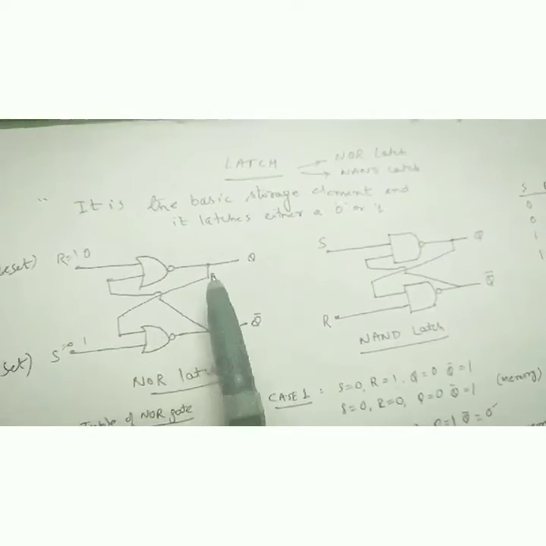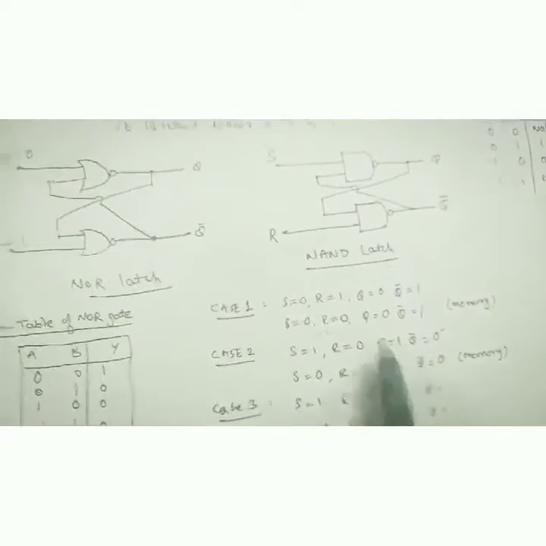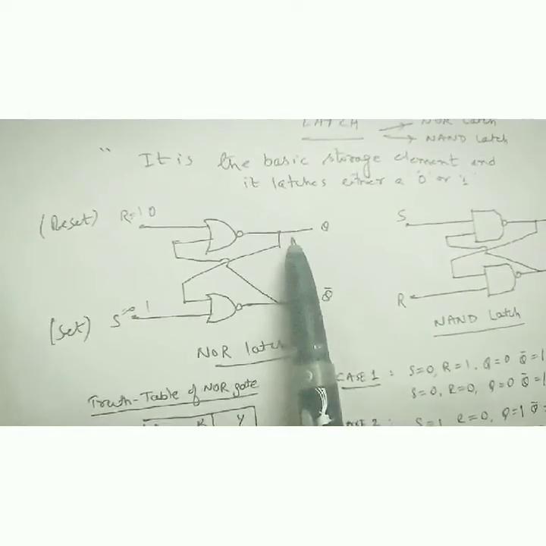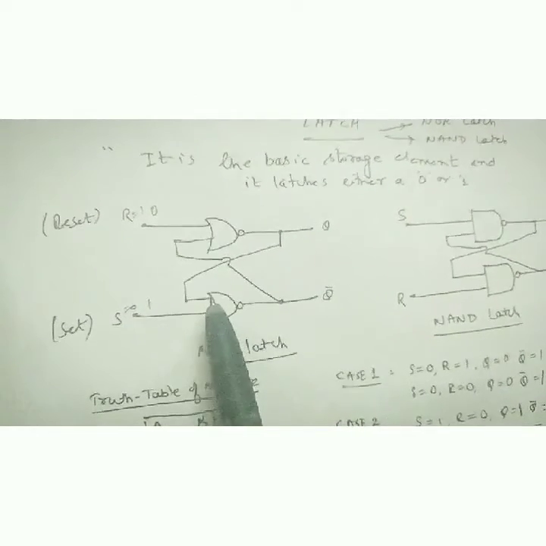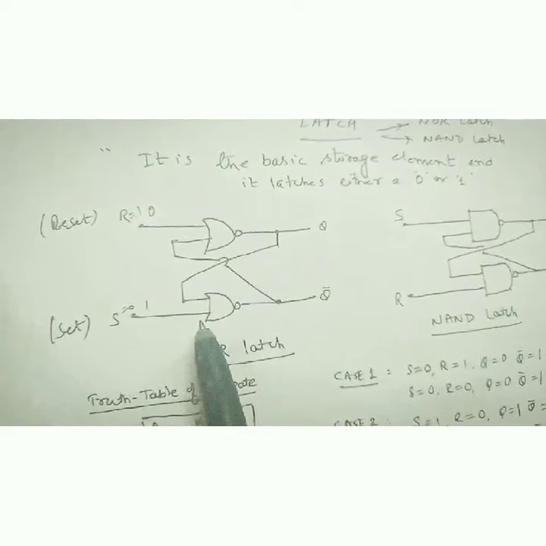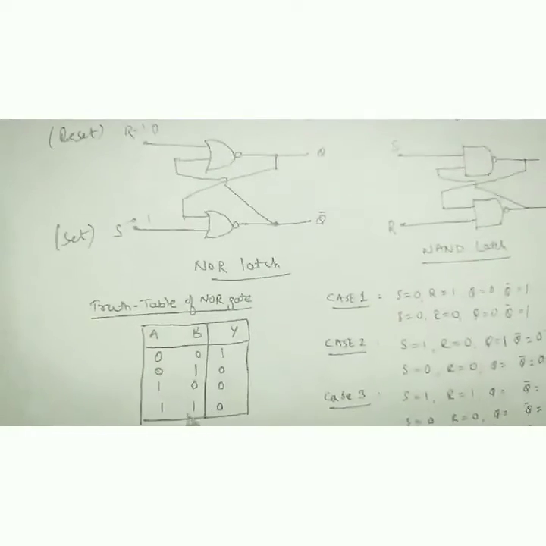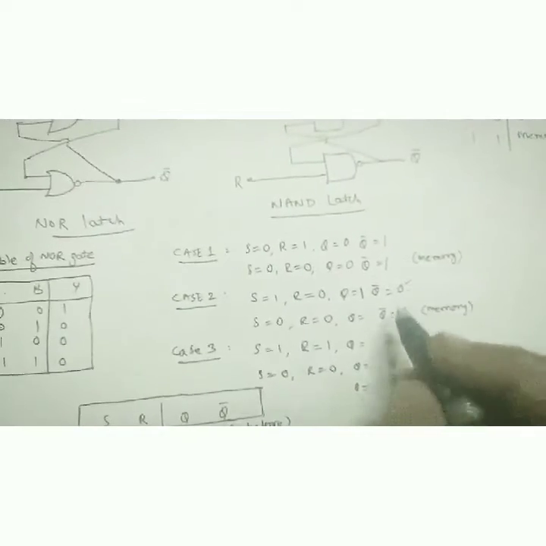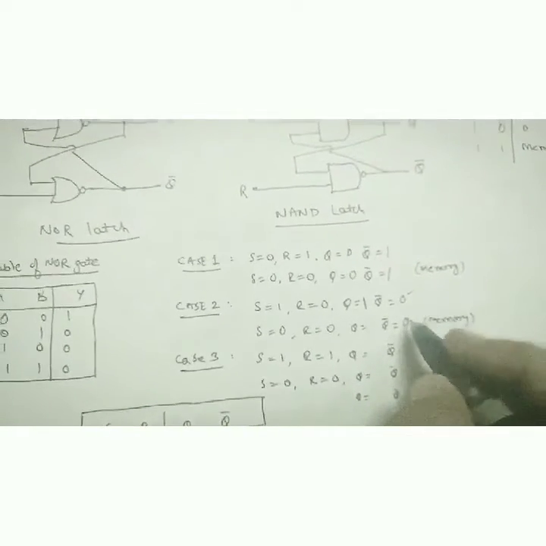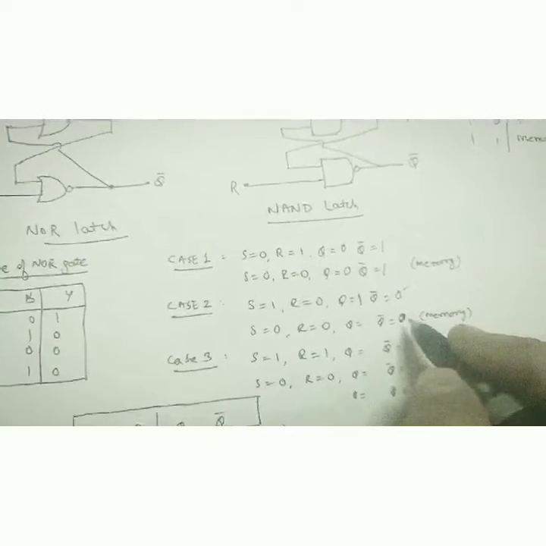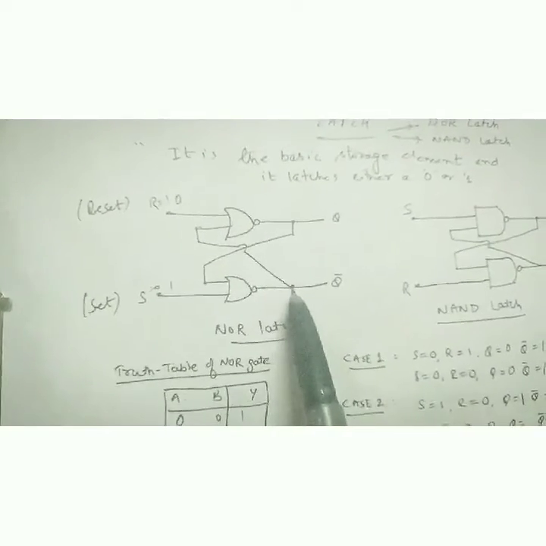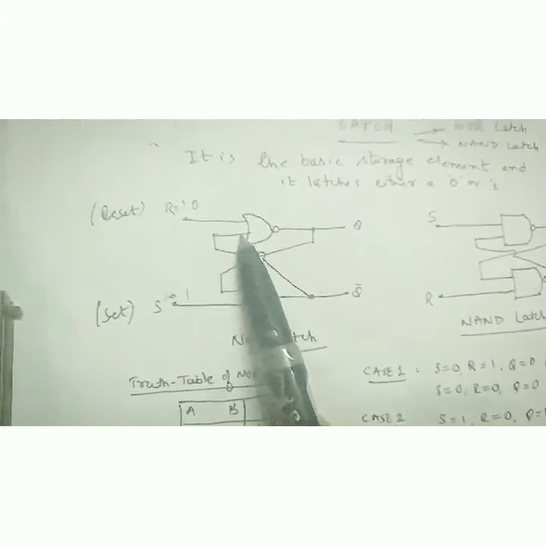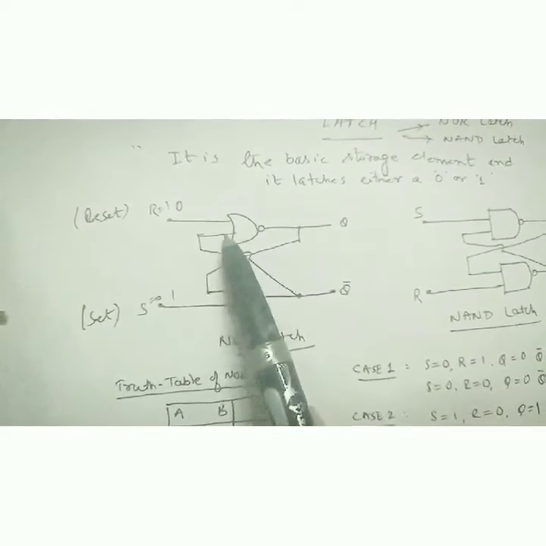From here, in this case, as you can see, we are having Q as 1. This is 0, and we know that the output will be 0, so Q bar we are getting 0. Let me write over here Q bar as 0. So this 0 over here, we are getting 0.